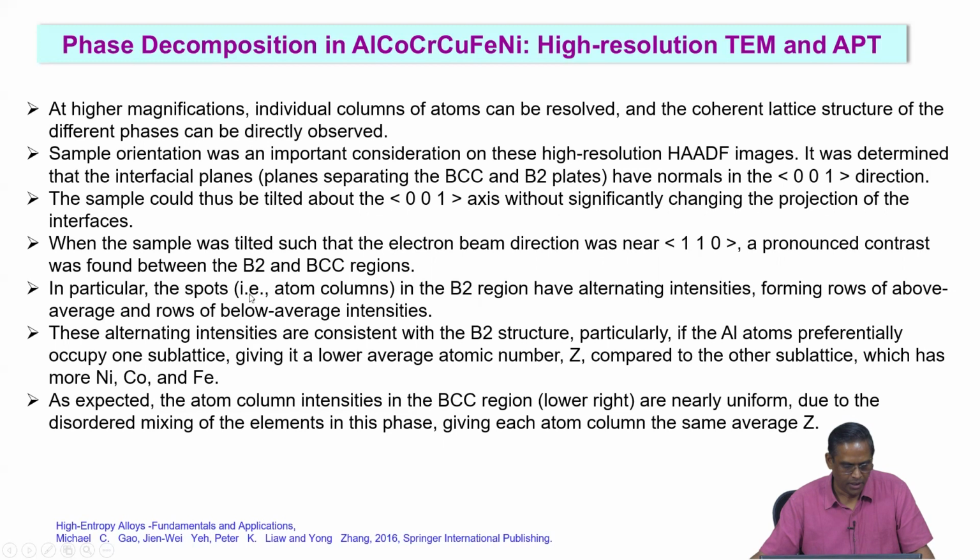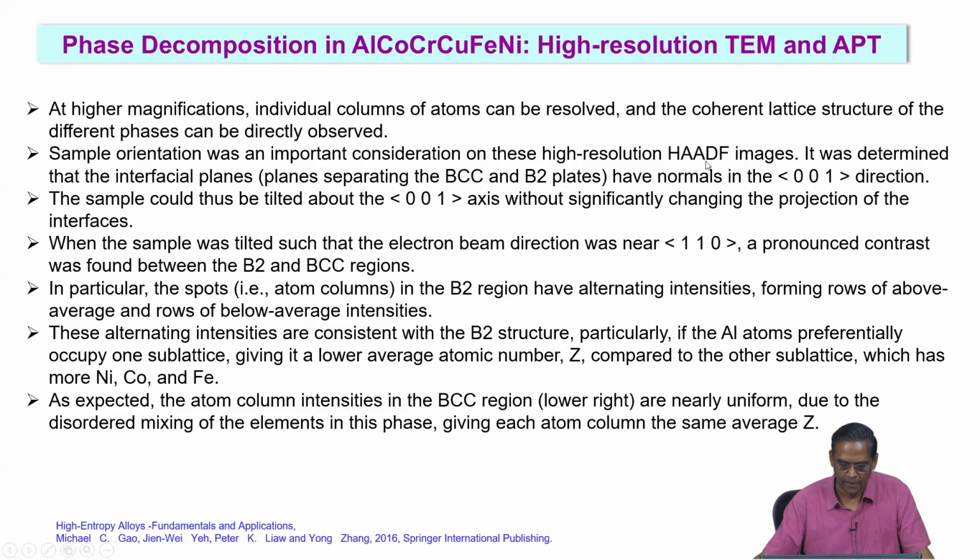so in particular, the spots in the B2 regions have alternating intensity, forming rows of above average and rows of below average intensities. So, this kind of image should be available from this type of imaging.